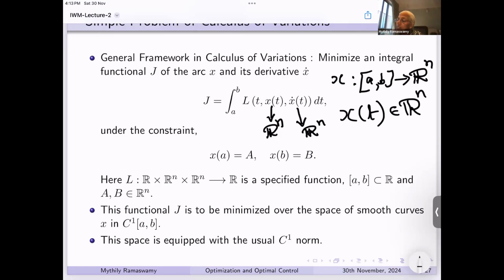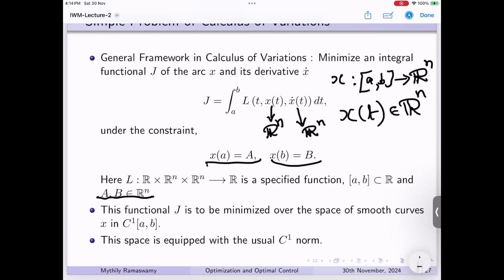So I am taking in general Rn. So that is why the values, the images are all in Rn. That is why X(a) should lie in Rn. I cannot write otherwise. A and B will have to be in Rn because the values of X are all sitting in Rn. They are all n vectors. Does it make sense?